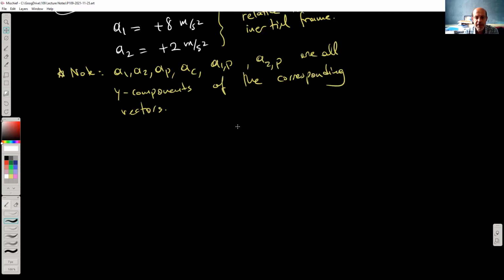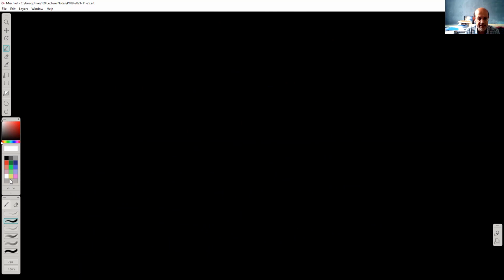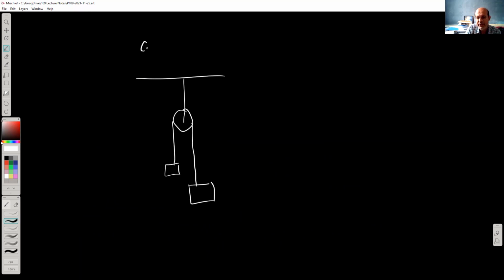Okay, let me talk about the same thing in here, okay? I'm not going to solve the same problem of finding the tensions in here. Let me just add that the tensions are the same in here. So that's the ceiling reference frame. The ceiling is at rest, the pulley is at rest.